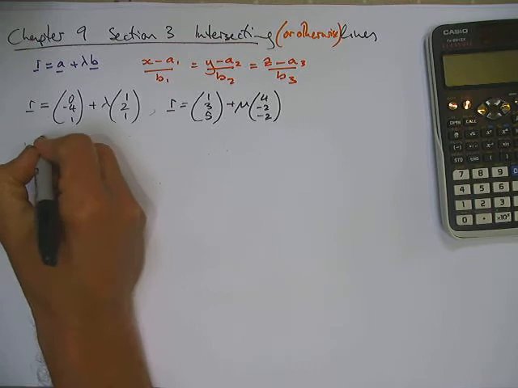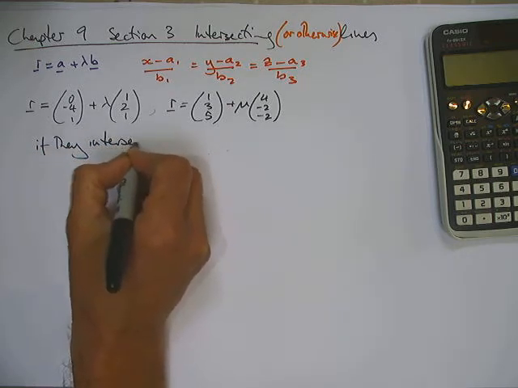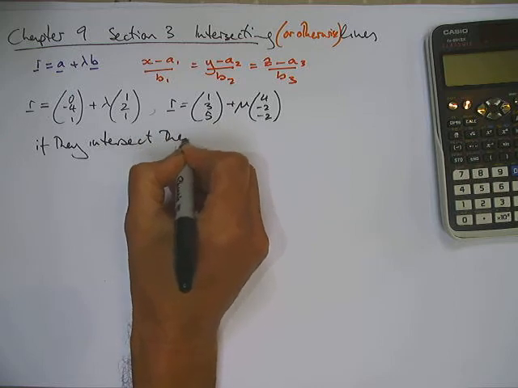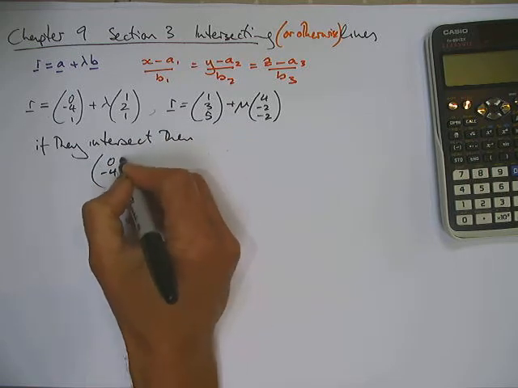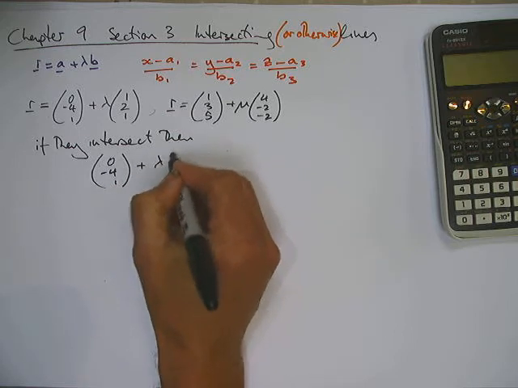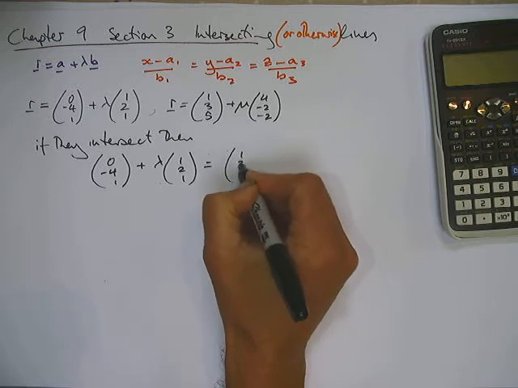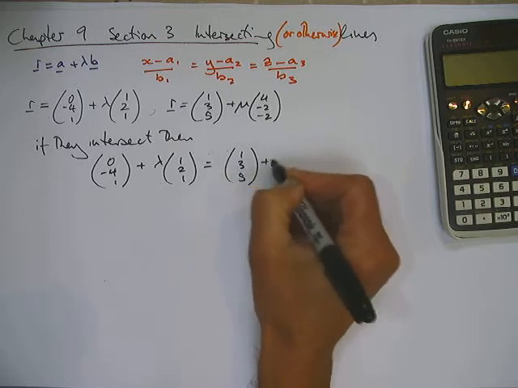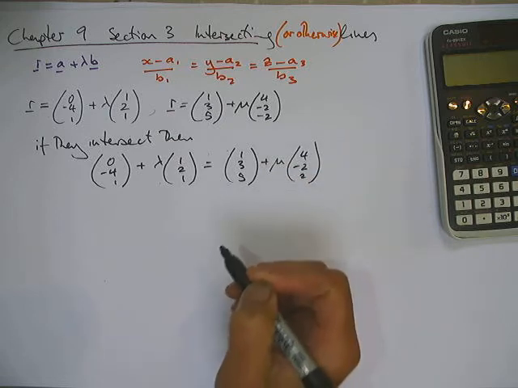So if they intersect, then we get 0, minus 4, 1 plus lambda 1, 2, 1 equals 1, 3, 5 plus mu 4, minus 2, 2.